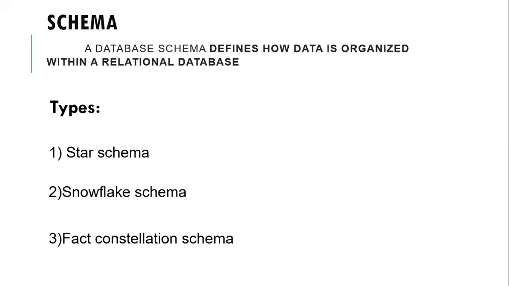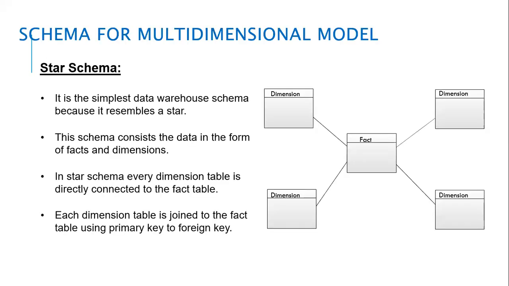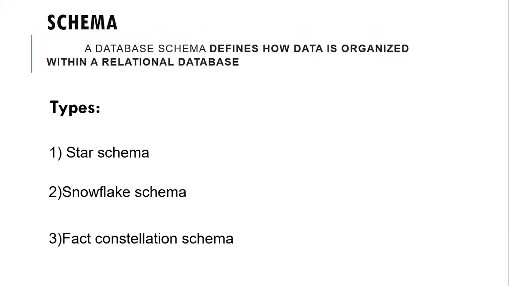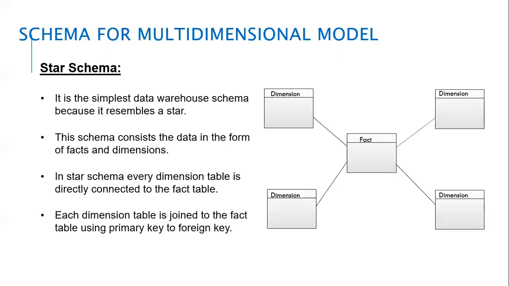Okay, so coming back to the star schema, any general queries? No. Okay. So coming back to the star schema, it is the simplest data warehouse schema because it resembles a star. So the star, which we know in general, means a central node surrounded by sub nodes.